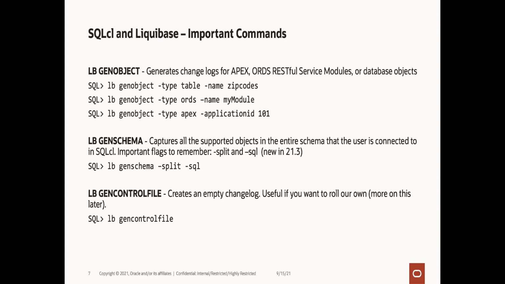So now we're going to have it in our 21.3 release. And the developer who works on SQLcl added it in a very fast time, which was quite nice. All right, so that's what the gen schema is going to do.